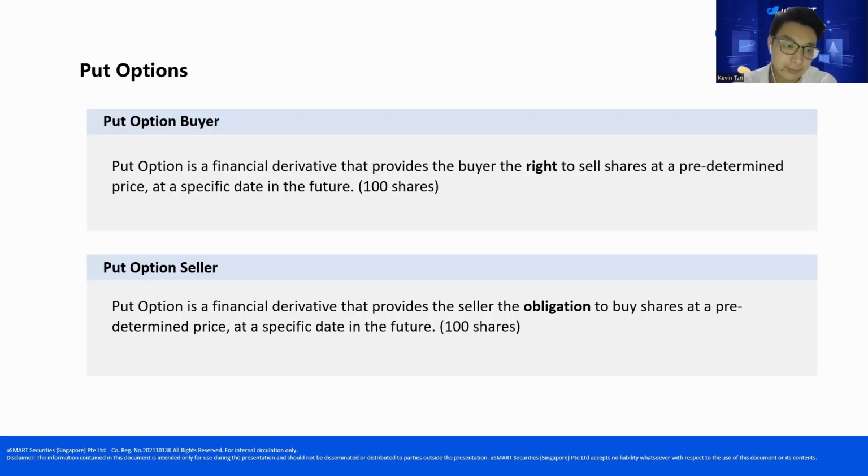On the other hand, from the seller's perspective, a put option is a financial derivative that gives the seller the obligation to buy shares at a predetermined price at a specific date in the future. And similar to the buyer, this put option also represents 100 shares.